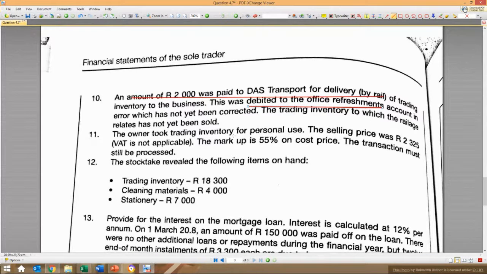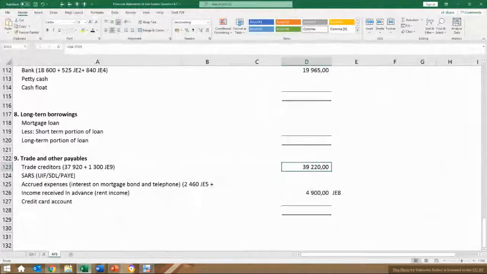So that means the journal here is we need to just go take it to the correct account. It was incorrectly put into office refreshments, so I need to take it out of office refreshments now, and then put it into the railage account. So our journal for number 10 would look as follows.